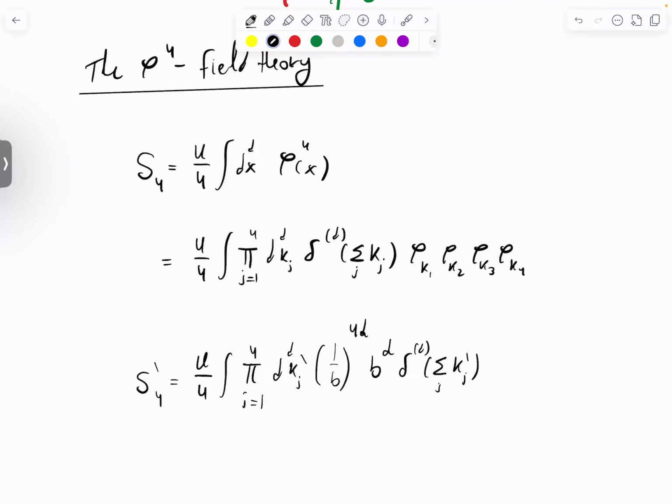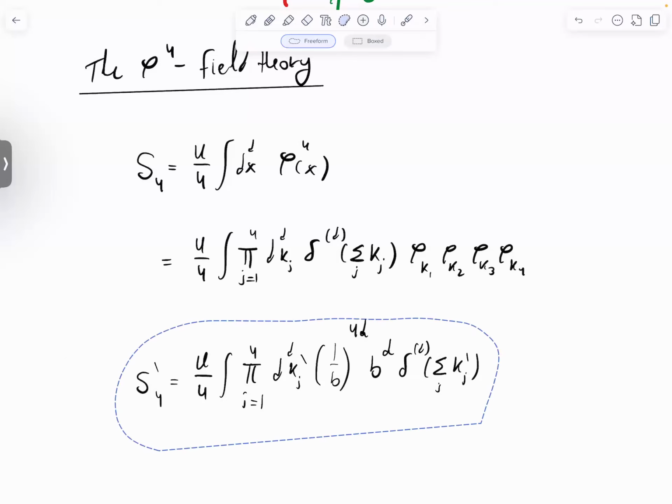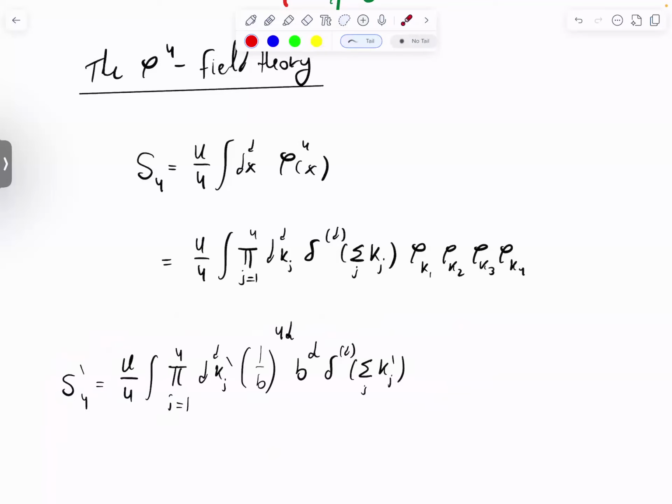So the delta function has units, unfortunately, and that gave us this guy here. And finally, the fields also have powers of b because I changed the fields. So I get b to the power of 4 times (d plus 2) over 2. That was the dimension of the fields. And then I have phi prime k1 prime, phi prime 2. You know what, I'm tired of all these k's. Let's just call them 1, 2, 3, and 4. Okay?